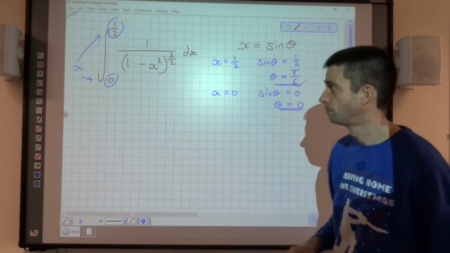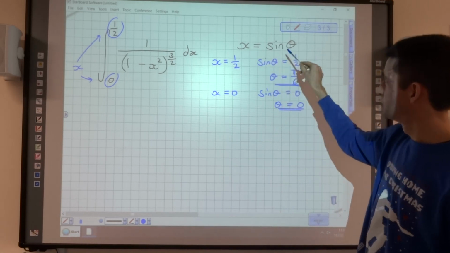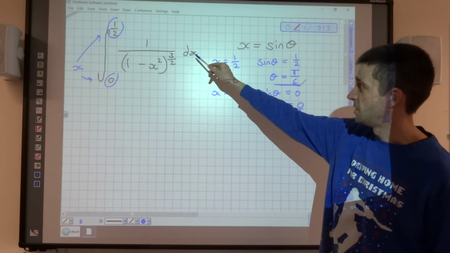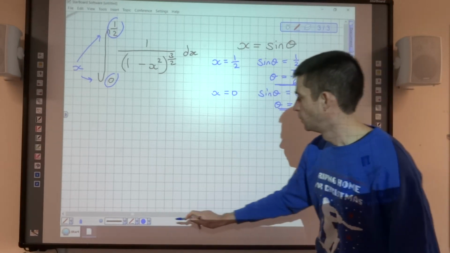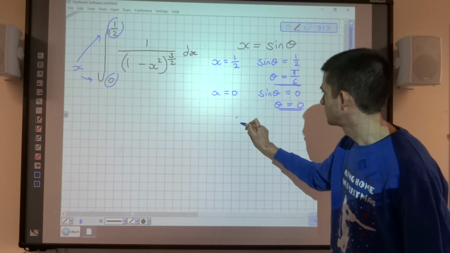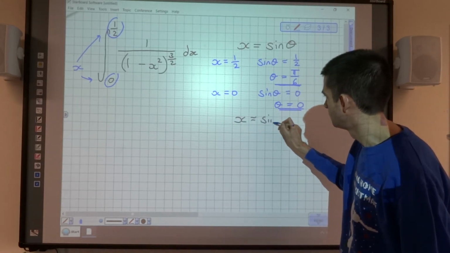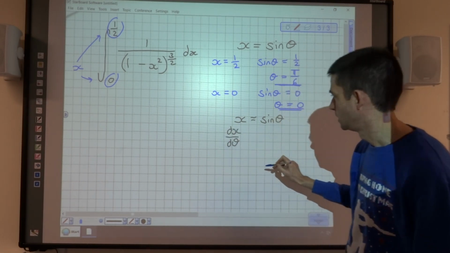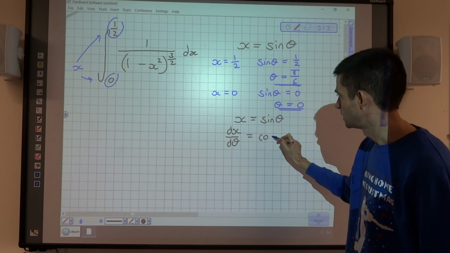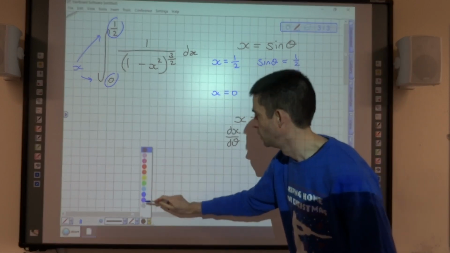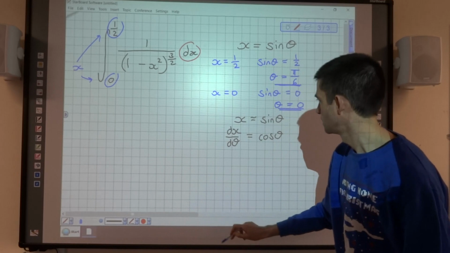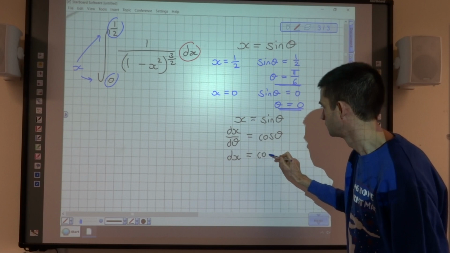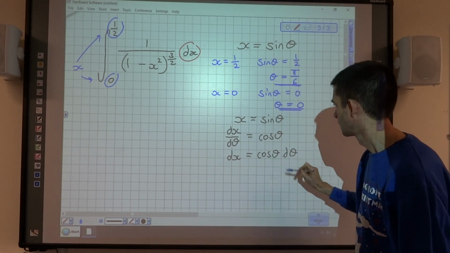I'm just going to highlight those two bits so that I can use those when I come to do my substitution. Okay, x equals sine theta, so we can see that x is going to go in there, but we're going to have to deal with this dx as well. So x is equal to sine theta, differentiate x in terms of theta to get dx d theta equals cos theta, and then because we're looking to swap this dx, we write that dx equals cos theta d theta.